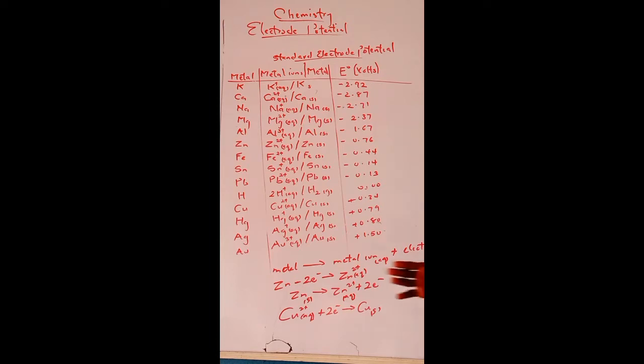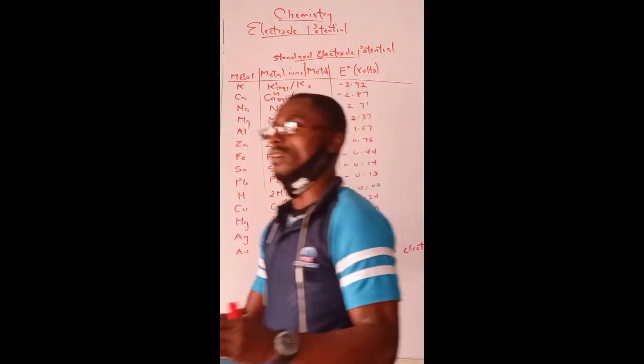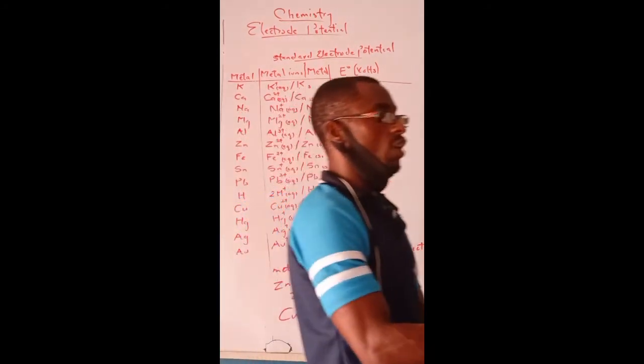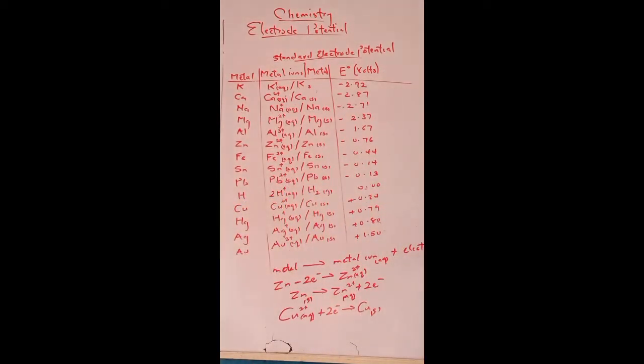So the difference between the potential of the metal and the solution of its ions is electrode potential. That's zinc and zinc sulfate, copper and copper sulfate. The difference in their potential is electrode potential.